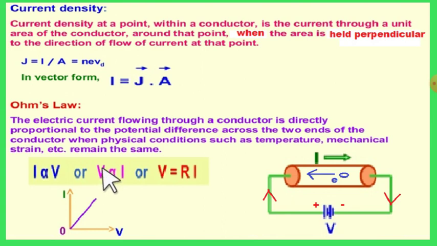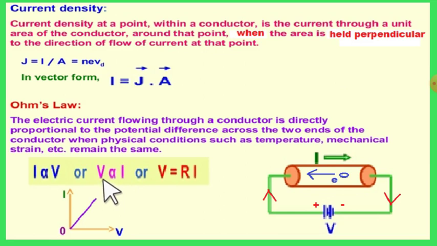Likewise, depending upon the difference in potential at the two ends of the conductor, current inside the conductor also depends on the potential difference. So potential difference is directly proportional to the current.